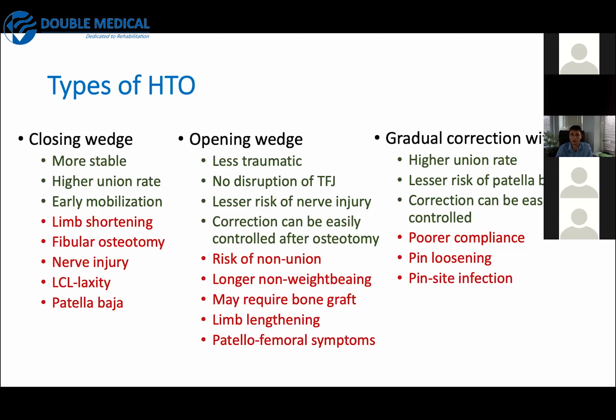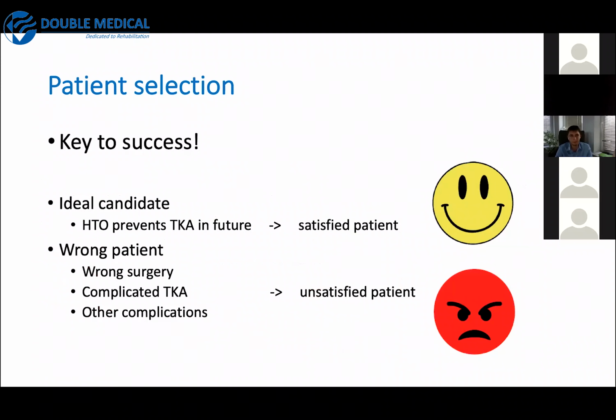Gradual correction is a very good alternative. However, it is not often used, as patients sometimes have poor compliance with this procedure. So patient selection is the key to success in this type of surgery.